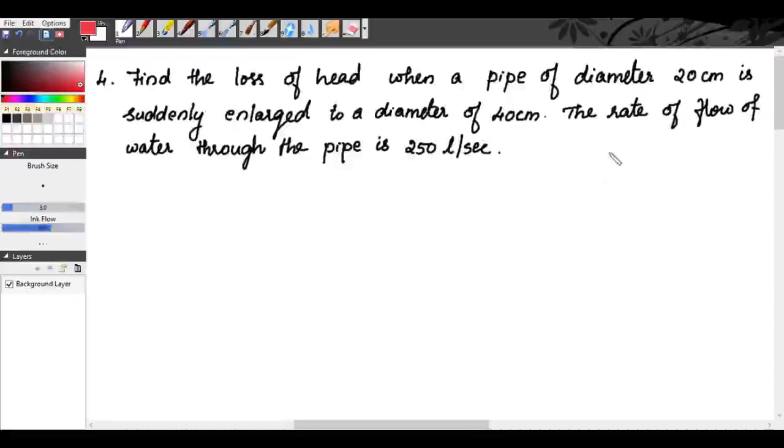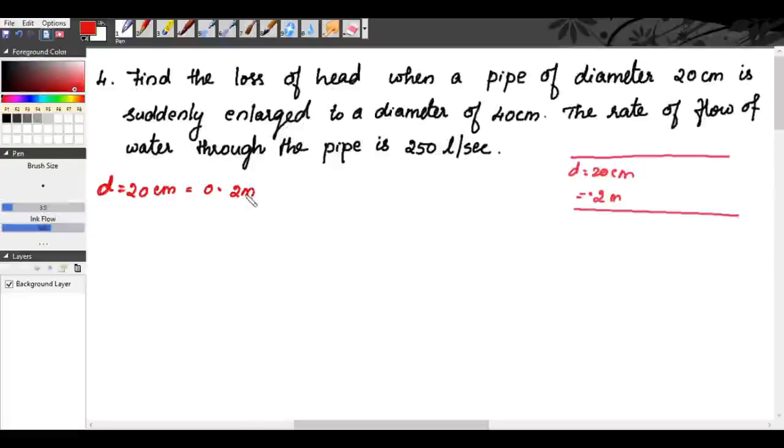Okay, so the diameter of the pipe is given as 20 centimeter, that is equal to 0.2 meter. It is suddenly enlarged to a diameter of 40 centimeter.